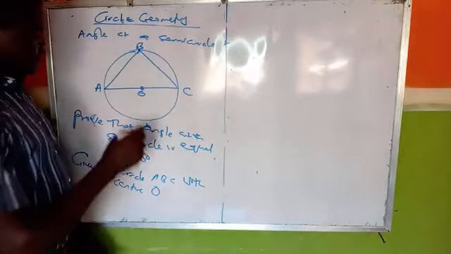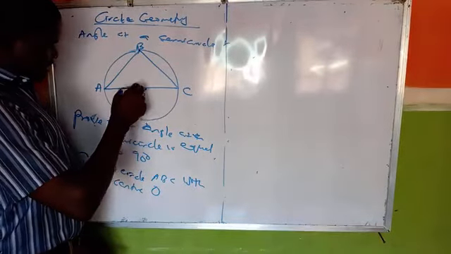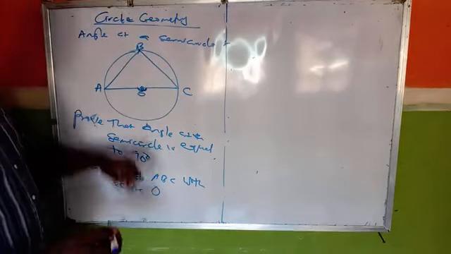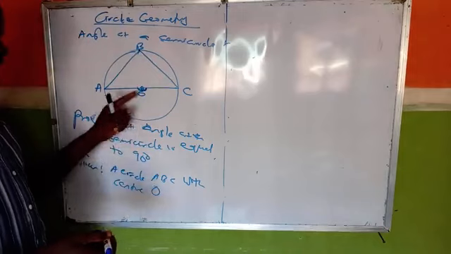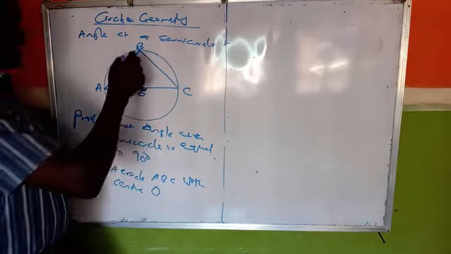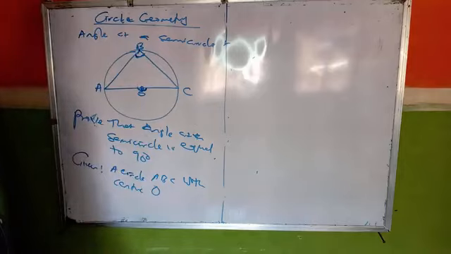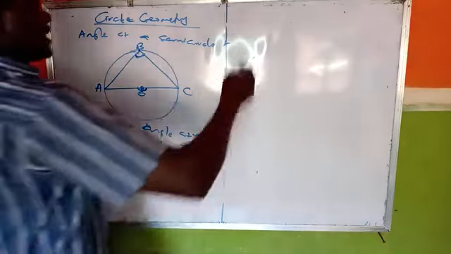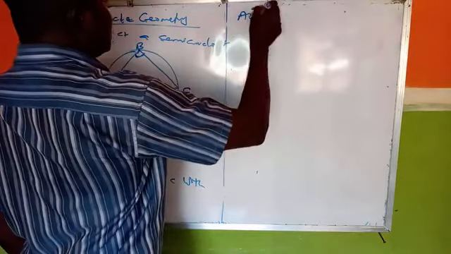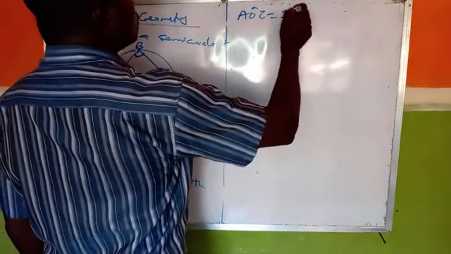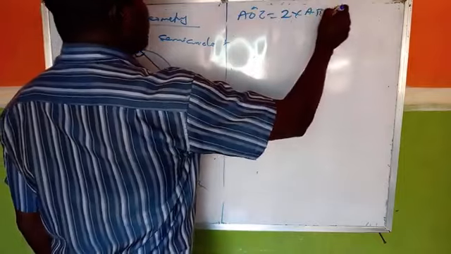At the same time, let's look at this place. This angle here is what we refer to as the angle at the center. That is twice the angle on the circumference. So you can simply write that angle AOC is equal to 2 times angle ABC.